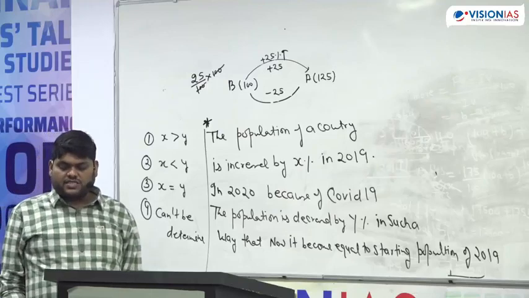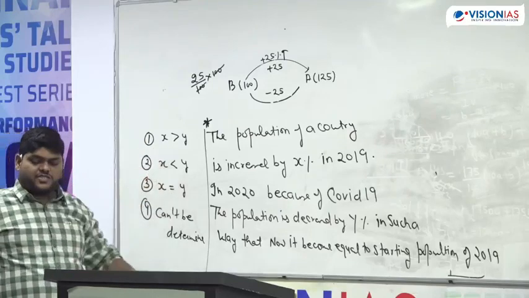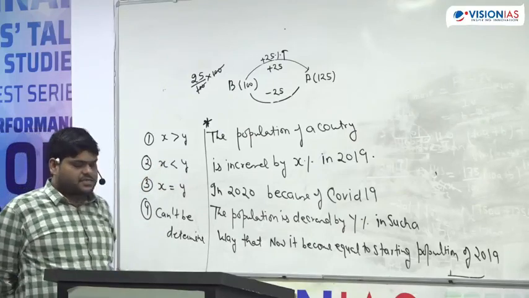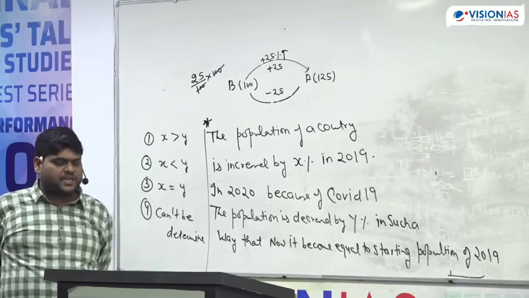I'm waiting for your answer. Please try to give the answer. Which of the following will be correct? X will be more than Y, X will be less than Y, X equal to Y, or can't be determined.